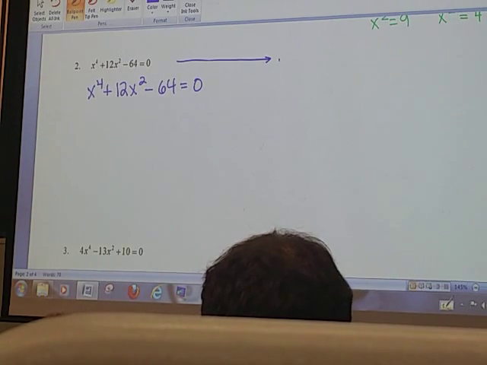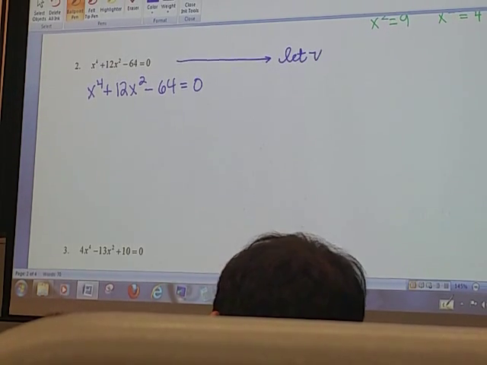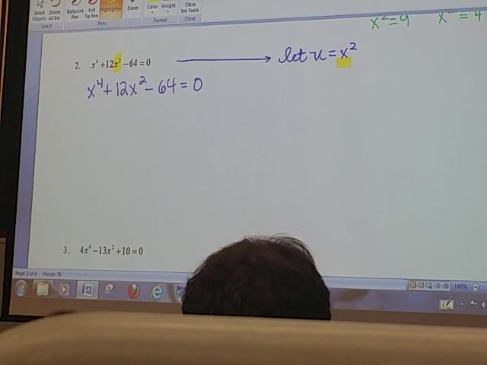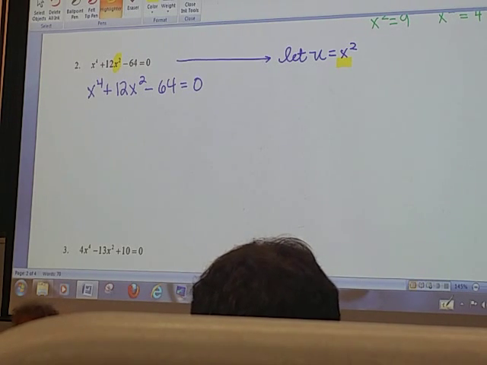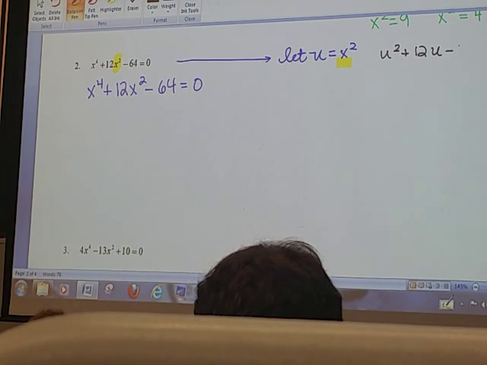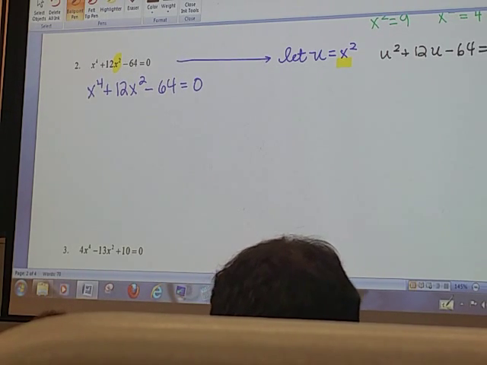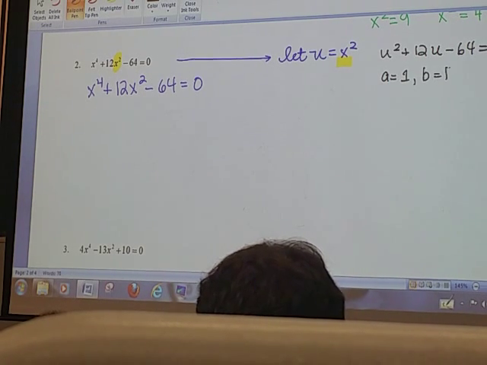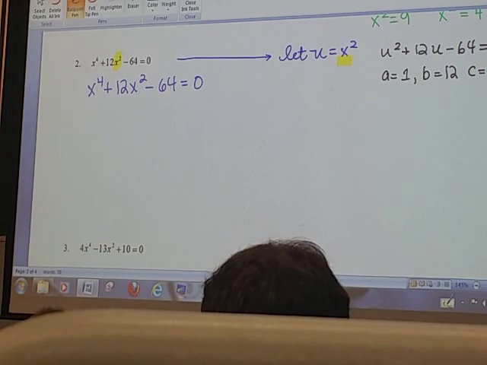So you were going to say, let u equal x squared. U is always going to be what's in the middle. And then you're going to write as your fake equation, u squared plus 12u minus 64 equals 0. And then you have a is 1, and b is 12, and c is minus 64.